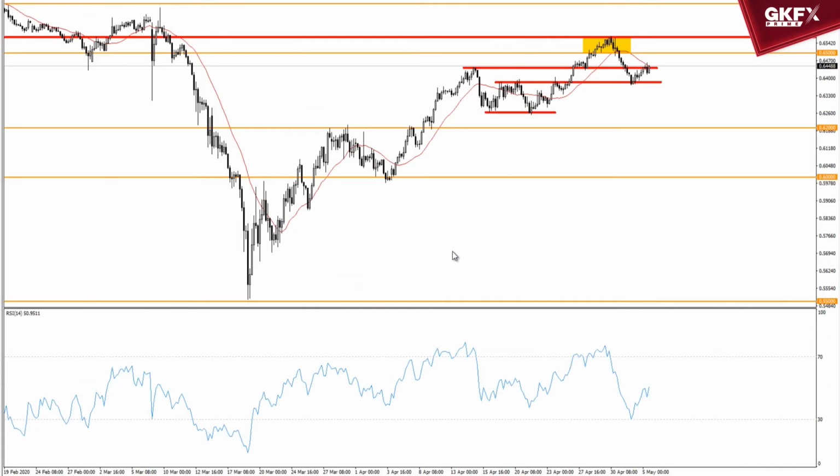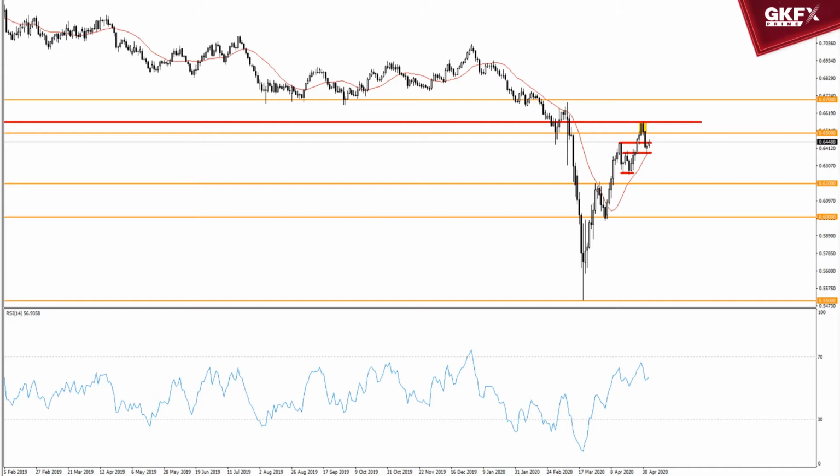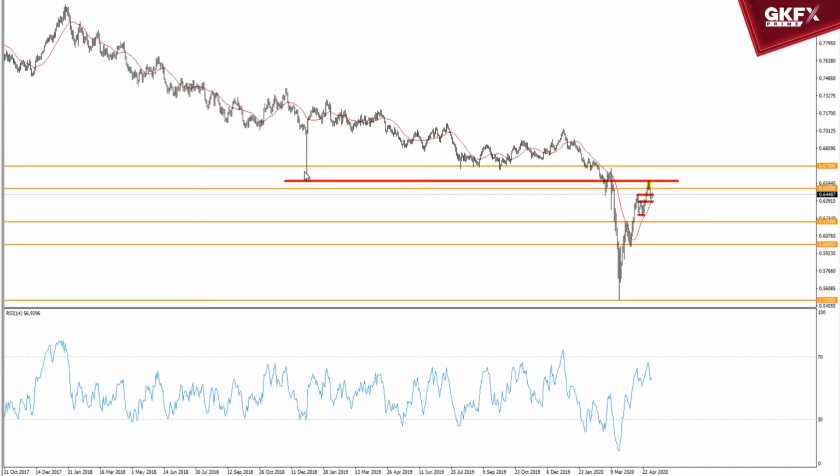Right, onto the Aussie, and we mentioned that we had the RBA meeting this week, although I would argue that's probably not the overriding cause here. We've been highlighting this level for a while, which was this downside spike. That perfectly was the resistance in the end.